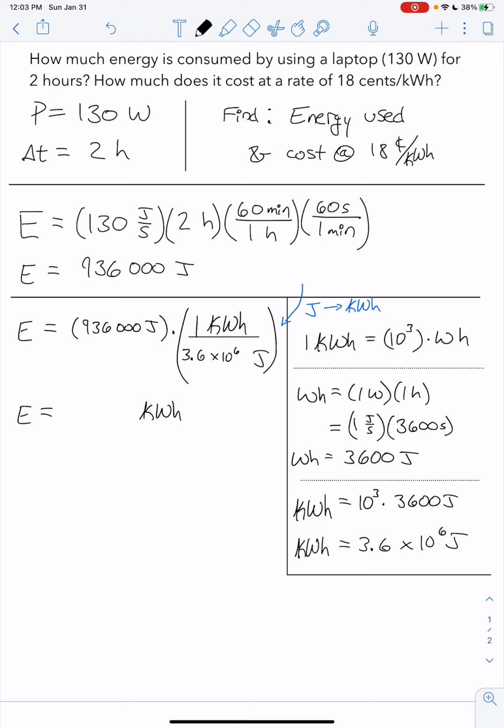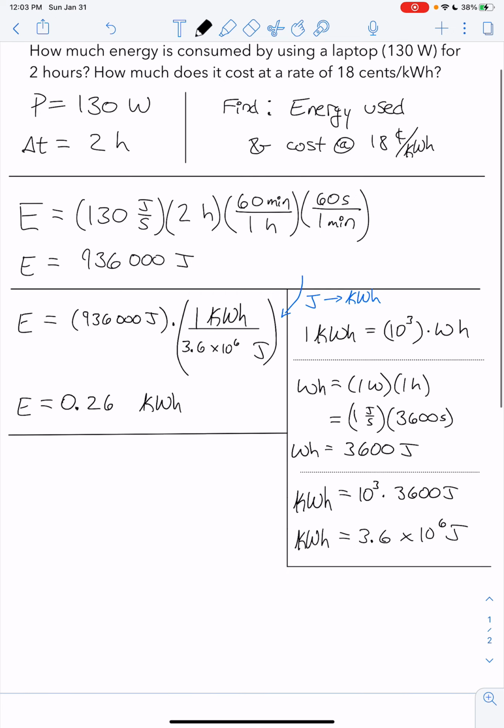And then we end up getting an amount of energy consumed by our laptop in a couple of hours, and that's about 1/4 of a kilowatt hour. All right, now we have the amount of energy that's been consumed by the laptop in units that are easy to manage with this cost.